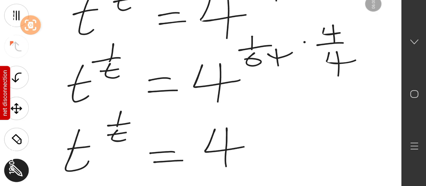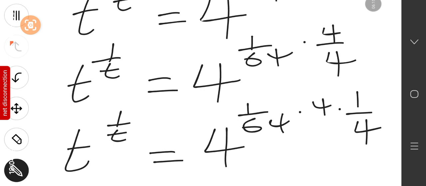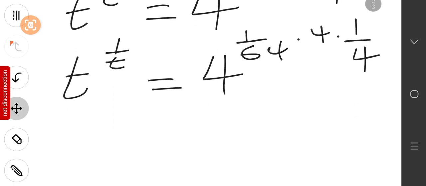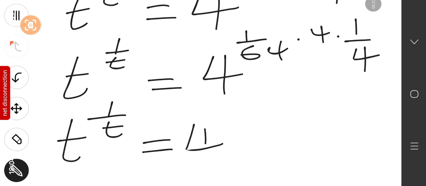So we are going to have t exponent 1 over t equals 4 exponent. Now let's change the positions of the exponent. Before we change it, let's manipulate the exponent. So you're going to have 1 over 64 times, now 4 over 4 is the same as 4 times 1 over 4. So we're going to have t exponent 1 over t equals 4 exponent 4 times 1 over 64 times 1 over 4.